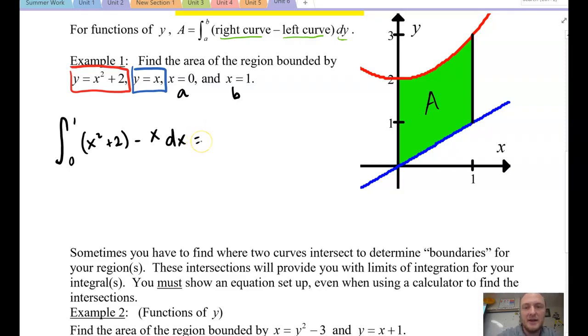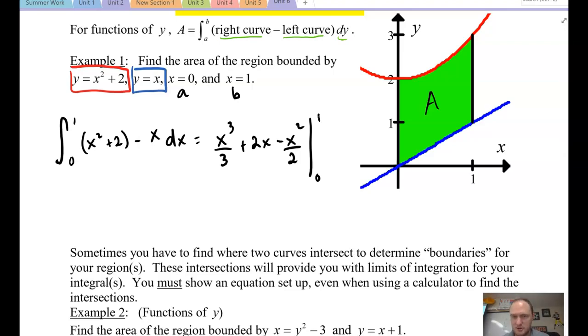So we'll integrate, and we get x cubed over 3 plus 2x minus x squared over 2, and we want to evaluate from 0 to 1.